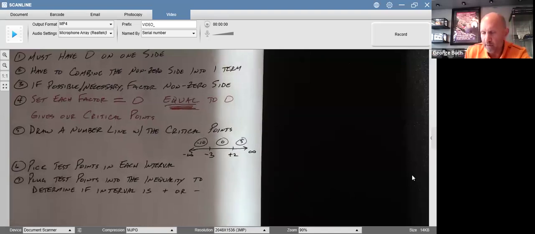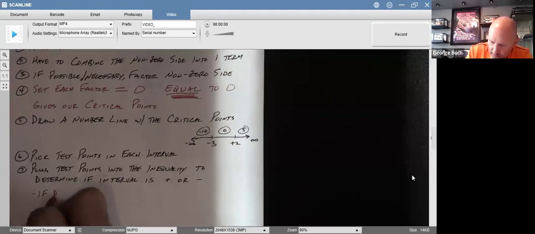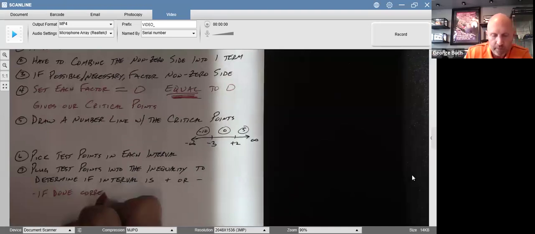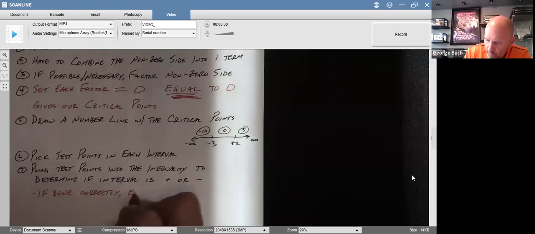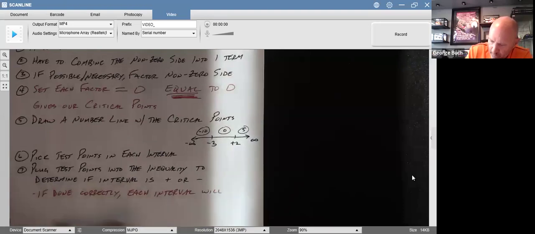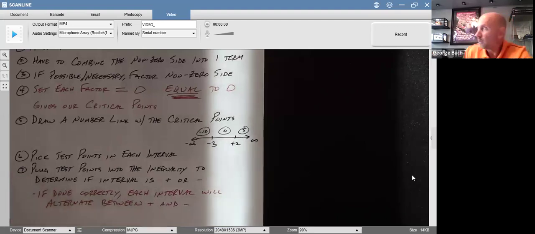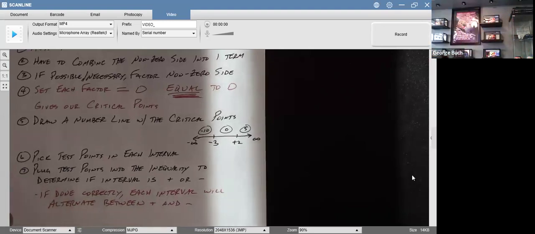This is where it gives us an idea if we're doing it right, because if done correctly, then each interval will alternate between positive and negative.